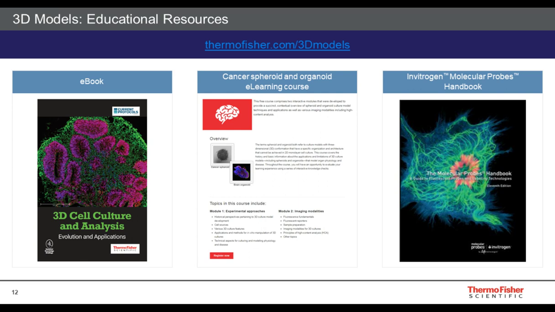And along these lines, just a couple of last things here. Other resources that are available for people to download are things like an ebook centered on cell culture and analysis, as well as the standard Molecular Probes Handbook, which contains many of the different molecular probes that can be used to assay various features of cell health.